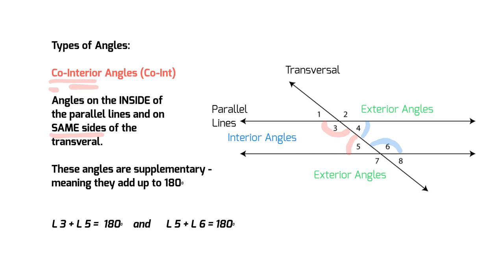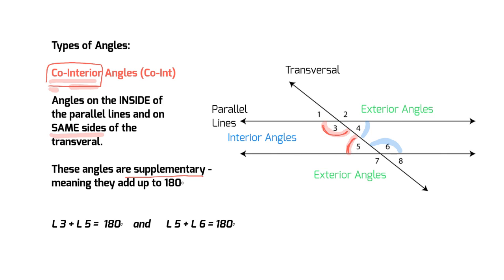Now you'll notice that these co-interior angles are not the same shape. Angle 3 is big, angle 5 is small. Same with angle 4 and 6. When we're looking at co-interior angles, we are looking at angles that are actually supplementary.